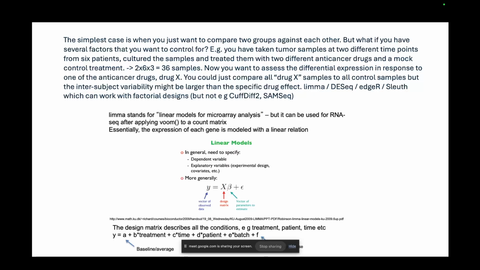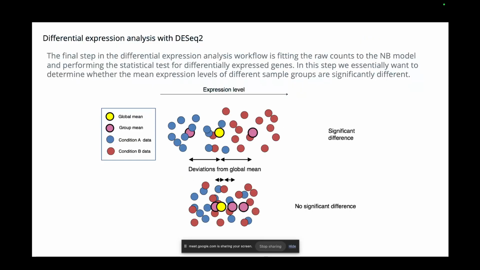These are linear models basically that they use to do the analysis. So there are some software that you'd want to remember. DESeq2 is a major one that uses these GLM methods to understand differential expression of genes, right?